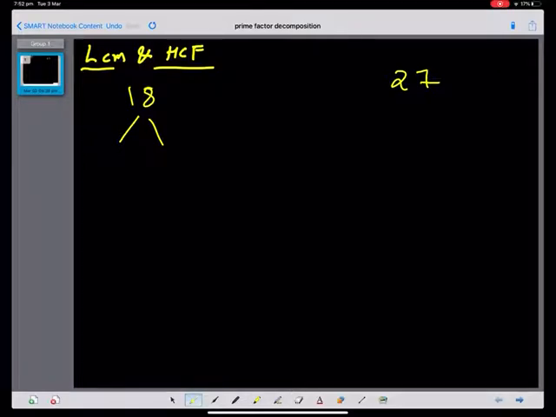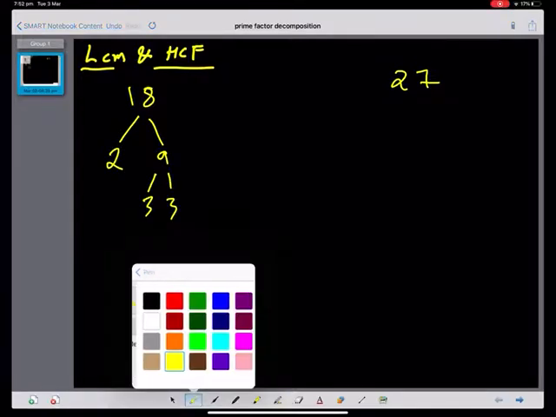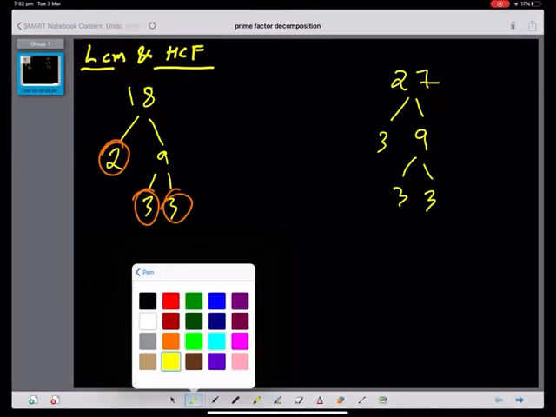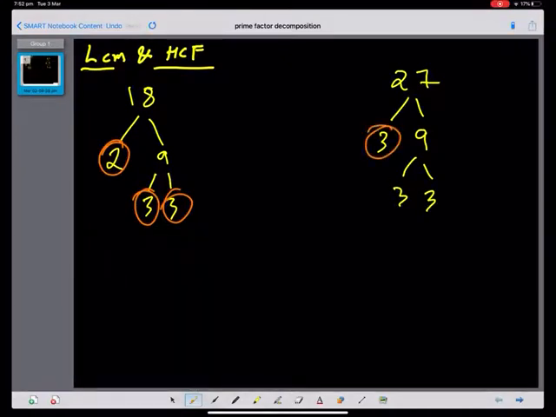I like to keep the 2's on the left hand side, 3 and 3. Let's circle the primes. Then 3 times 9, 3 and 3. Circle the primes.